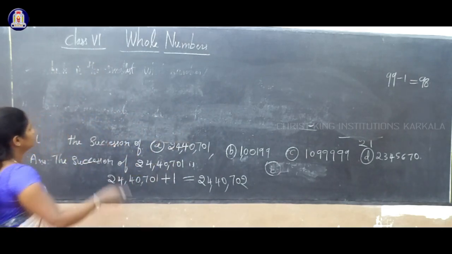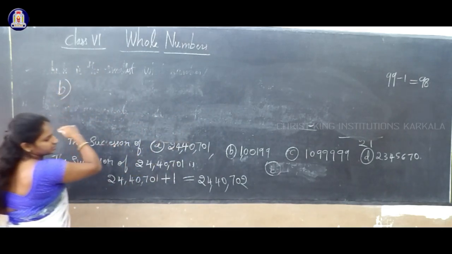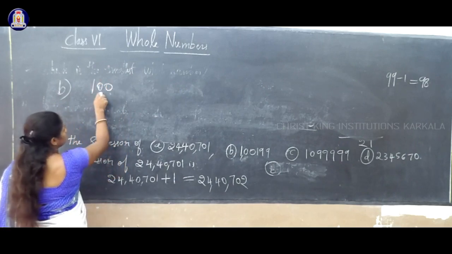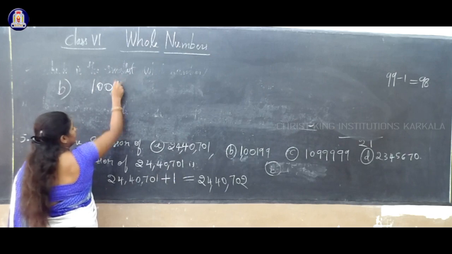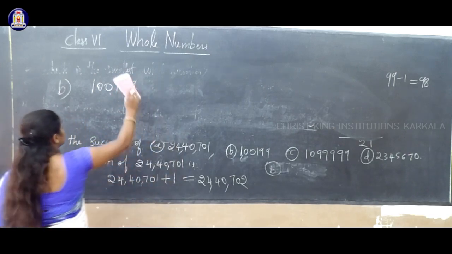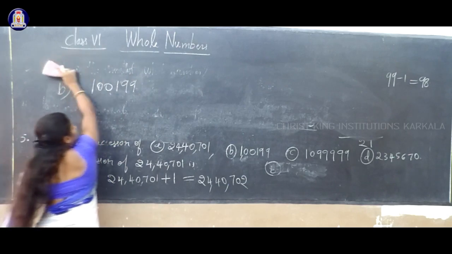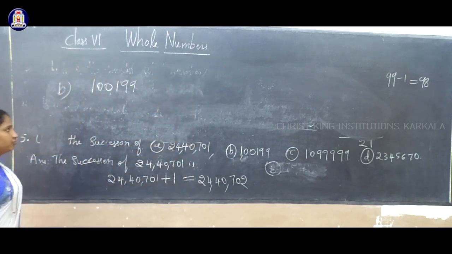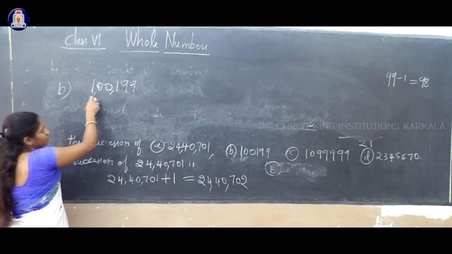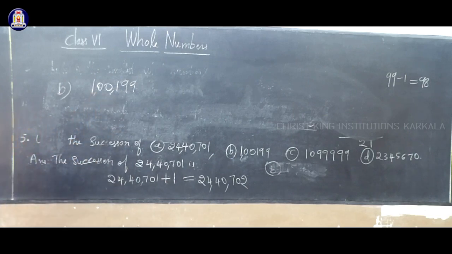So we write here B, that is 100. How many zeros? Only 2 zeros, right? 100,199. I think this is 1,00,199. Clear? So first you have to insert commas, then you can get clear. 1,00,199. The successor of this.